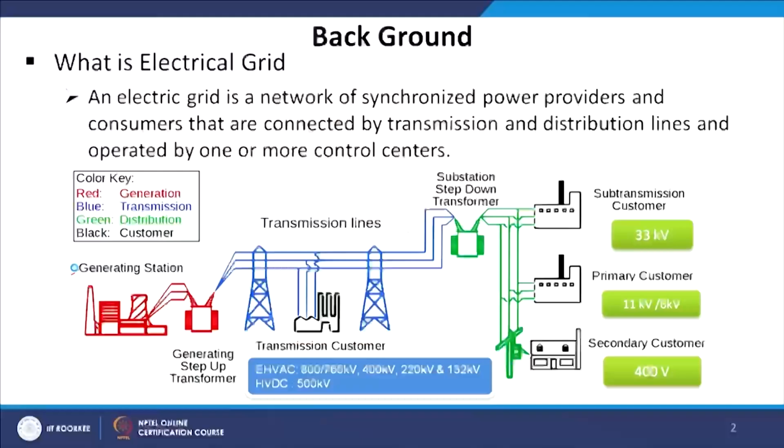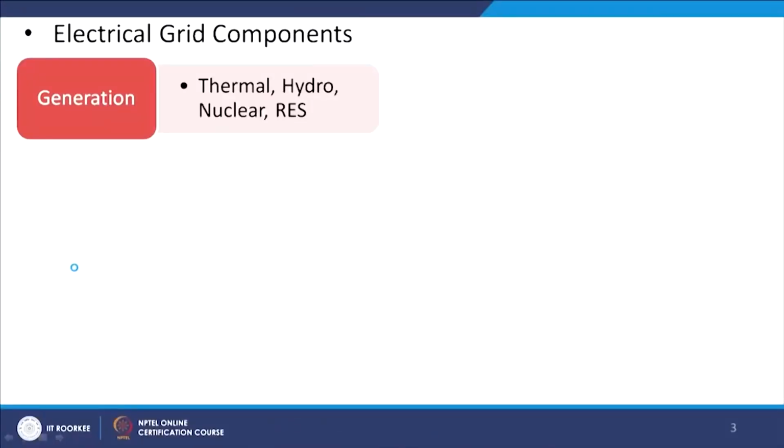The customers, especially the sub-transmission customers, are connected at 33 kV, primary customers at 11 kV, and secondary customers, we residential, are at 400 volts. Now, the different components of the electrical grid: generation first, which is either of thermal type, hydro type, nuclear type and, very recently, renewable energy sources.